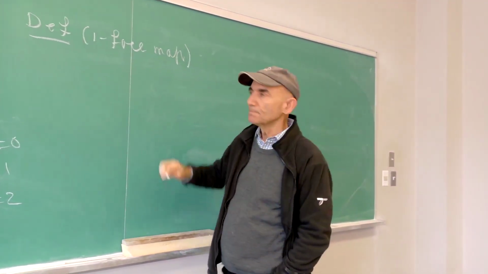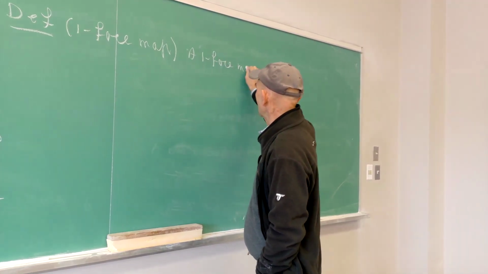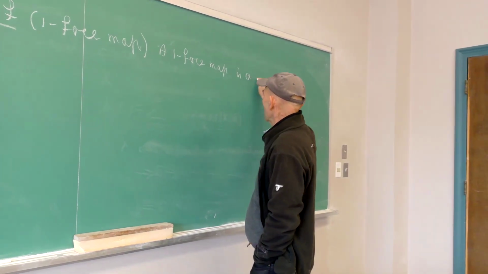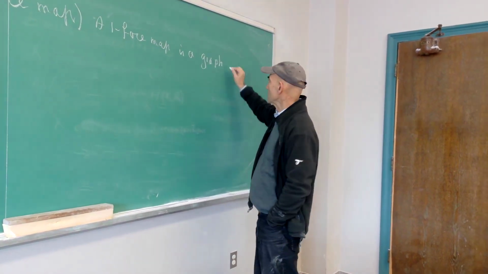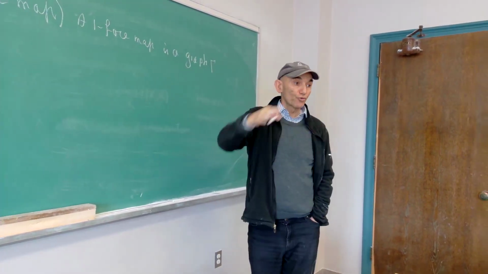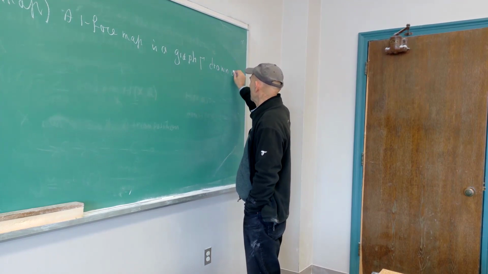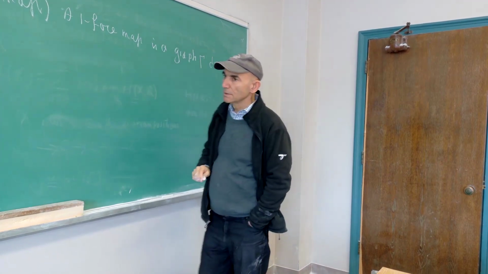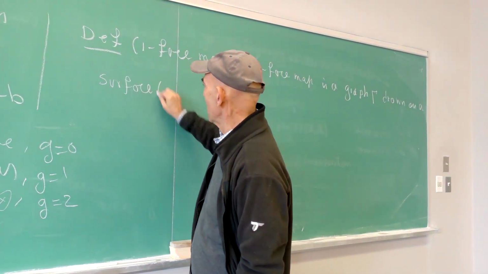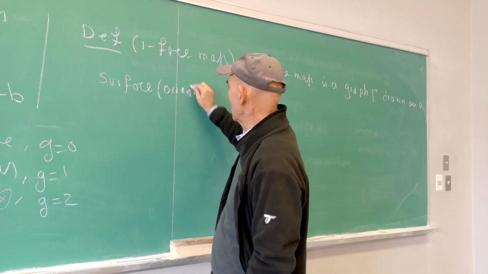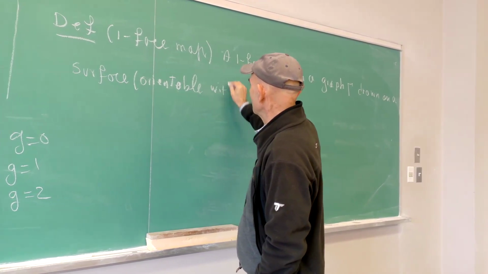So a one-phase map is a graph gamma, which is actually drawn on a surface. As always, orientable without boundary.